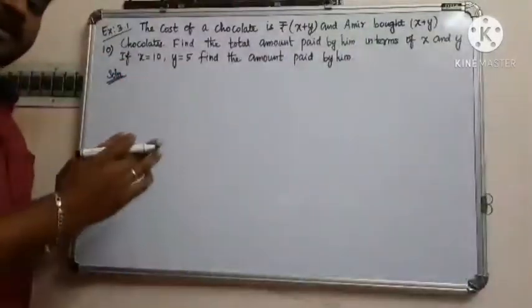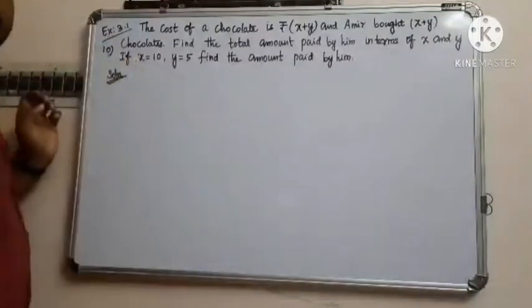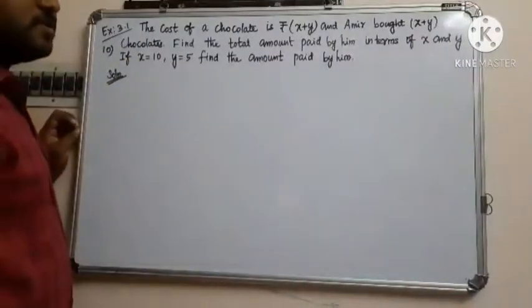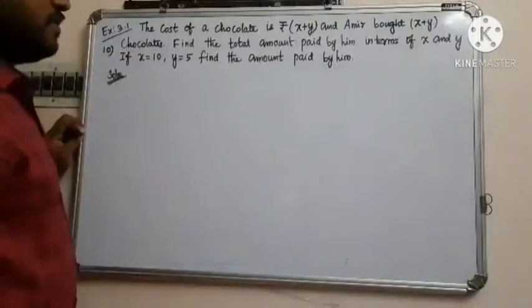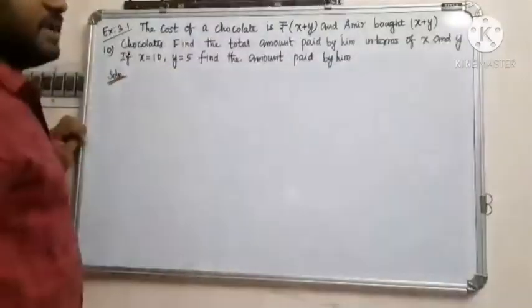So you have to find the terms in terms of x and y, and then find the answer also. What is the total amount he should pay if the value of x is equal to 10, and y is equal to 5?